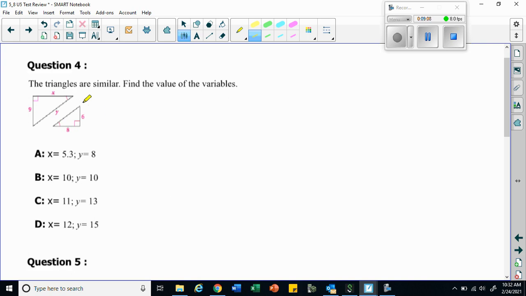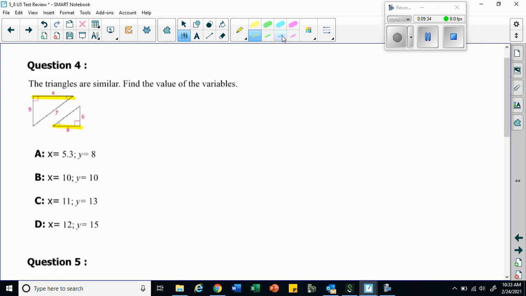So I'm looking at the markings of these triangles, and that's what we're going to use to set up our proportions, right? I see here there's a 90-degree angle and then there's an angle mark right here. So I'm going to highlight this yellow, and look for the same side on this triangle. It's a 90-degree angle here and a little angle marking, so I'm going to highlight this.